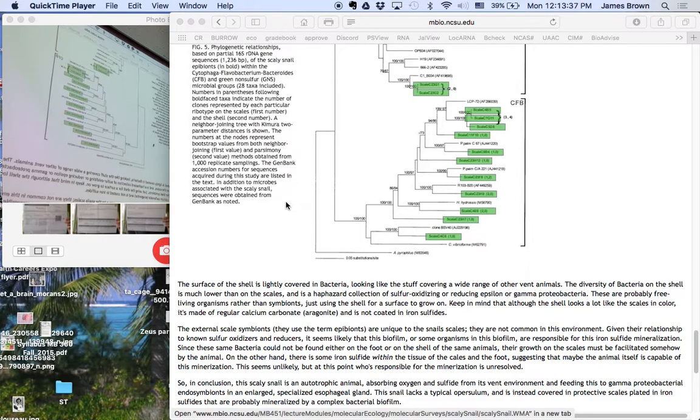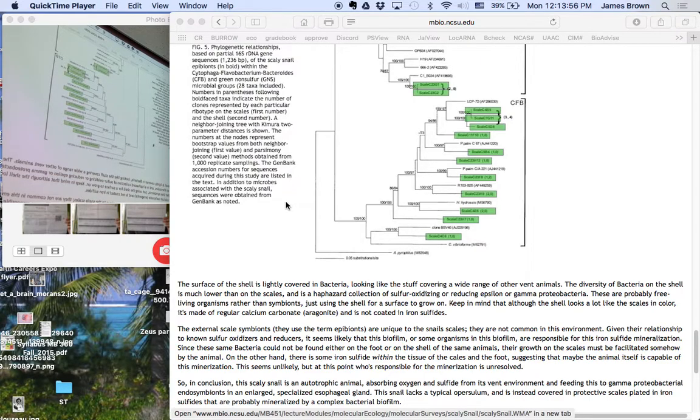That's a tough one. How would you do that in the absence of the ability to grow the animal in the lab, or go down there and spend hours or days with the animals in situ? Do you think some sort of model, like create an iron sulfur or like a shell type coating and inoculate and see what happens?